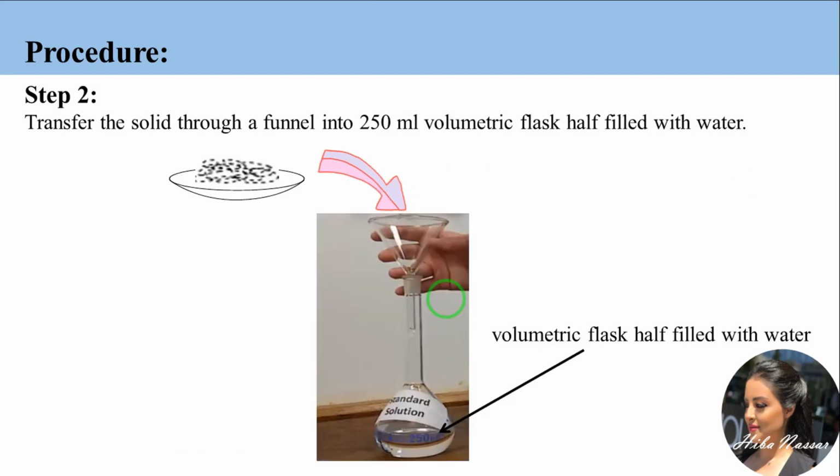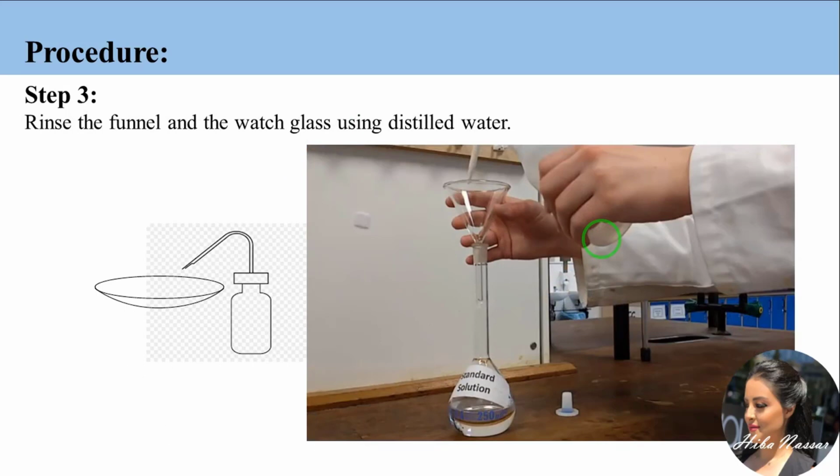Step number 2. Transfer the solid through a funnel into 250 milliliter volumetric flask half filled with water. Step number 3. Rinse the funnel and the watch glass using distilled water.